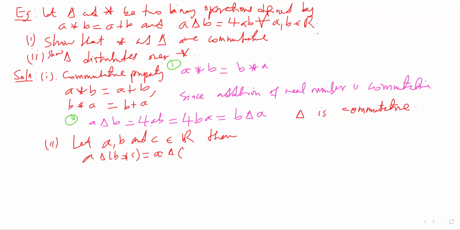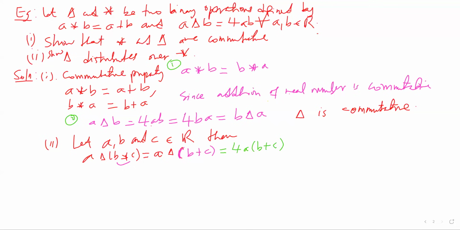B star C we know means B plus C. Right, and then A delta B plus C is going to give us 4A times B plus C. We are just using the definitions we have stated.